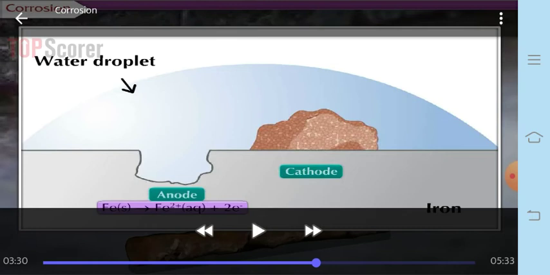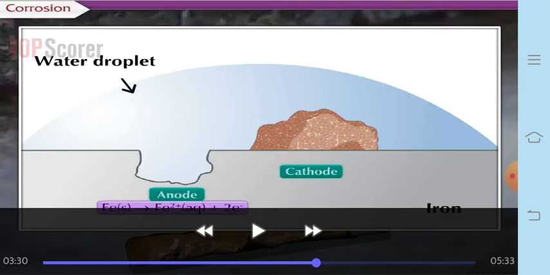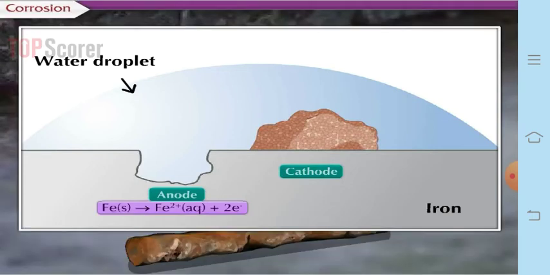If you remember, you have already learned in the last video about oxidation and reduction reactions. When an atom or an ion loses an electron, it acquires a positive charge.